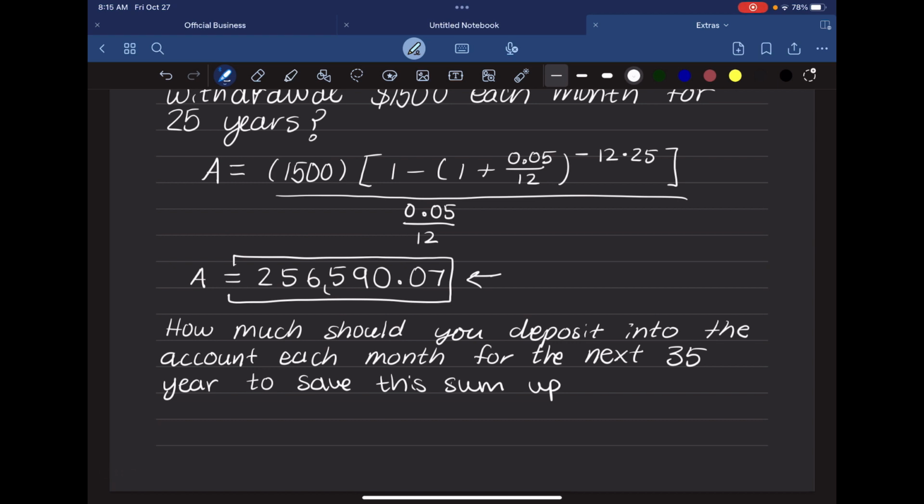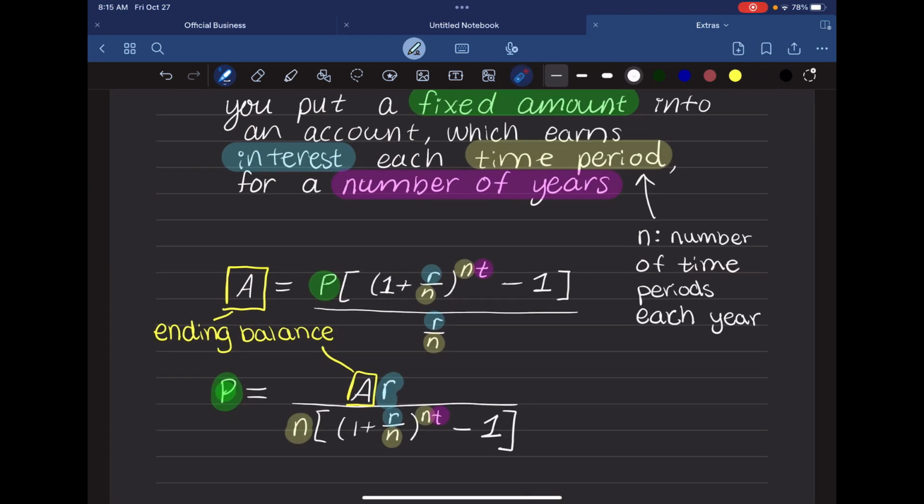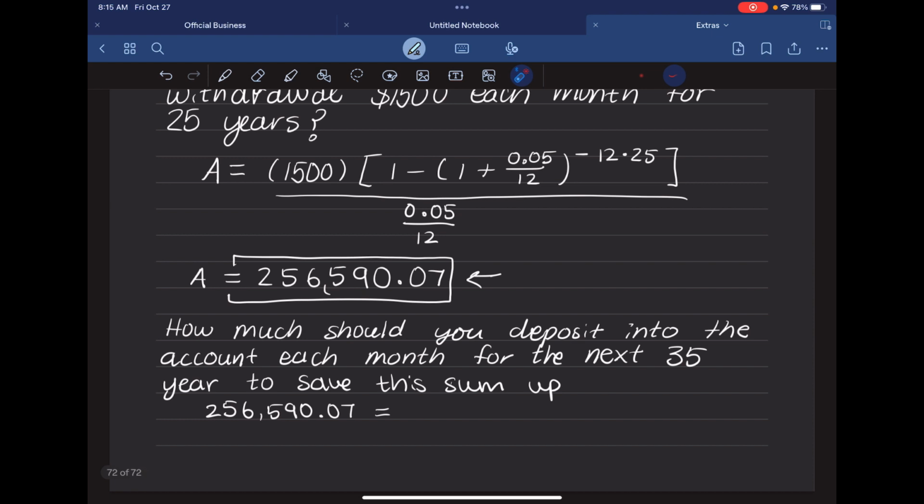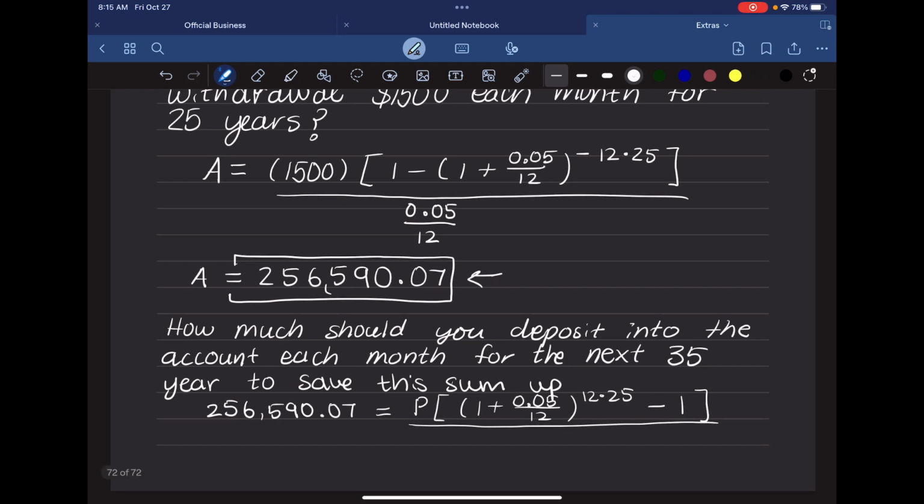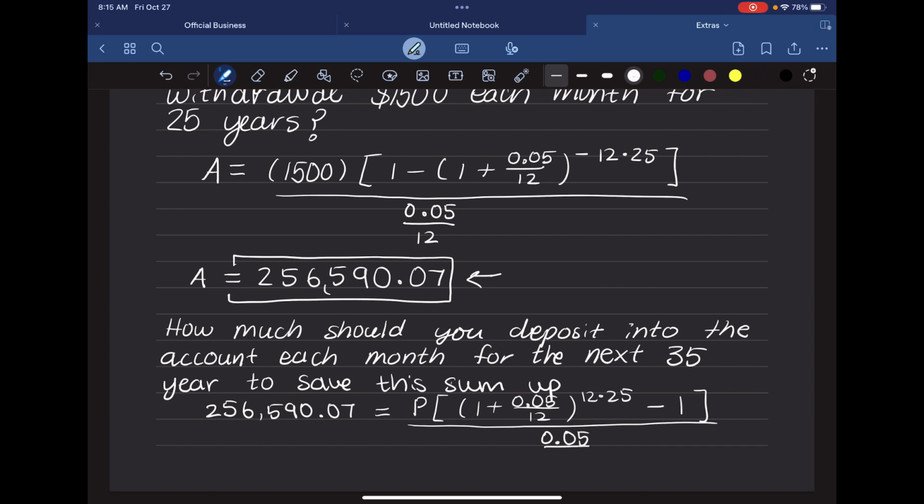So we have that 256,590.07 is equal to, if we look at the formula over here, the amount that we put into the account each month, times 1 plus R over N raised to the NT, minus 1, divided by R over N. So we're trying to solve for this P, and then we have 1 plus 0.05 over 12 raised to the 12 times 25, minus 1, divided by R over N, so 0.05 divided by 12.